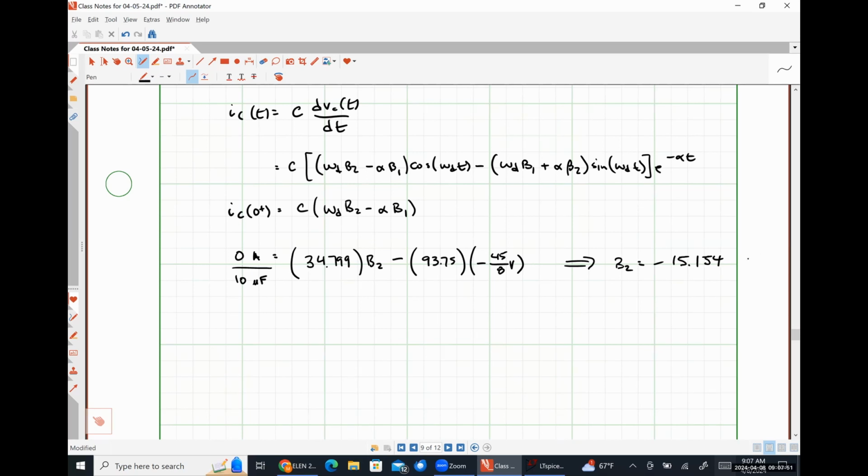And the units for this should be in volts. It's the coefficient of a capacitor voltage.